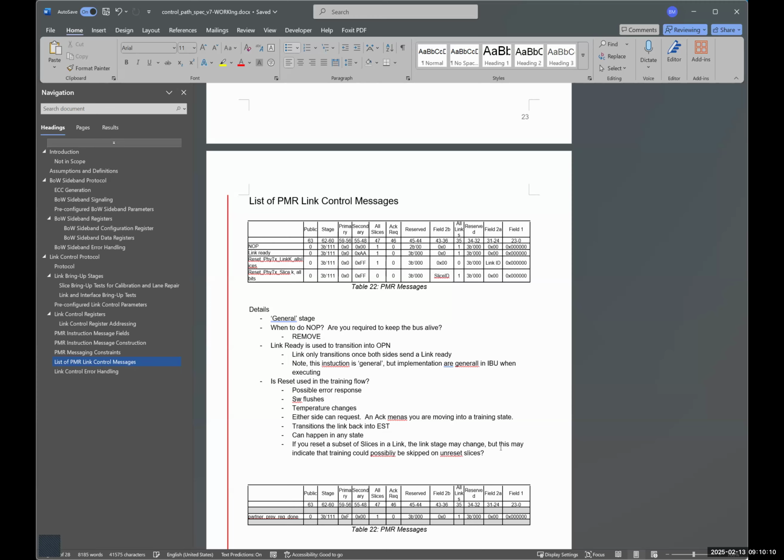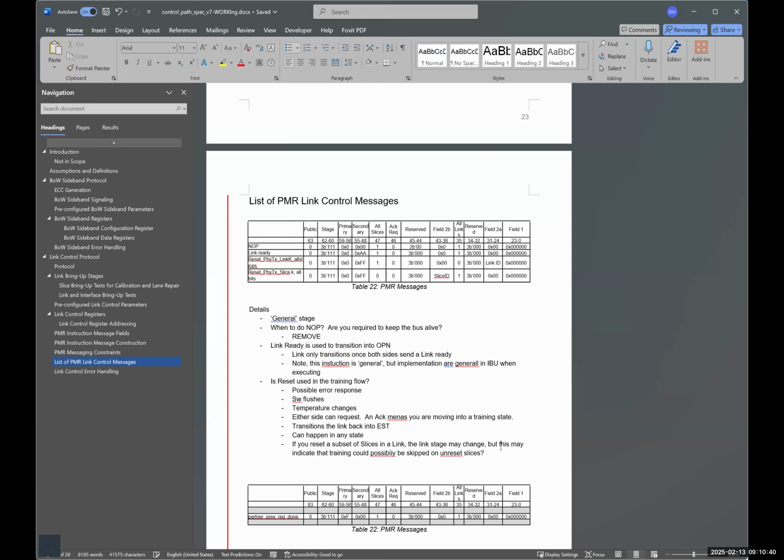It depends on how you're logically grouping it. Say for example, you have four slices between two chiplets. From a link definition per this document, you call that entire four slices a link. But you could also have a data link layer running on top of this, where each data link layer is only using two slices. So you have two sets of data link layer.